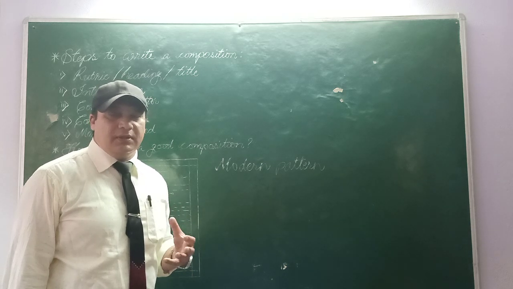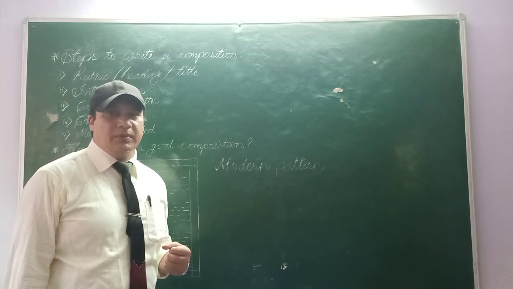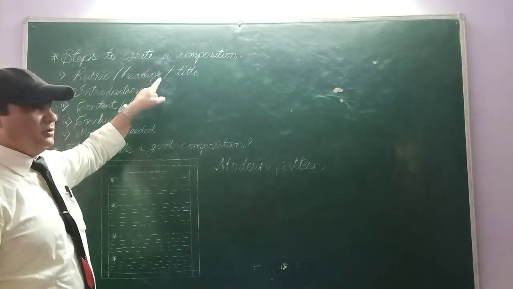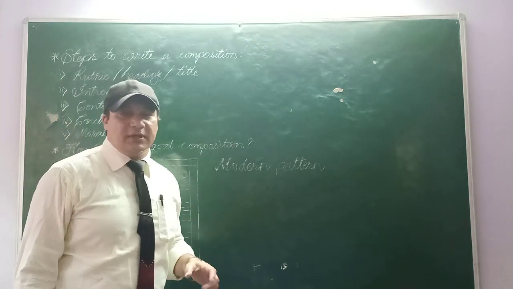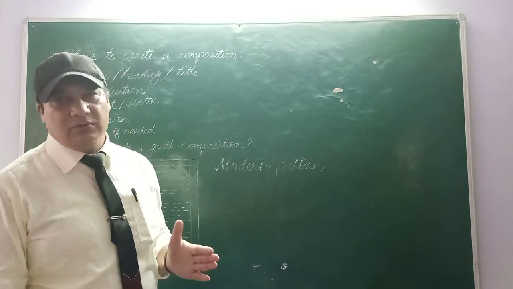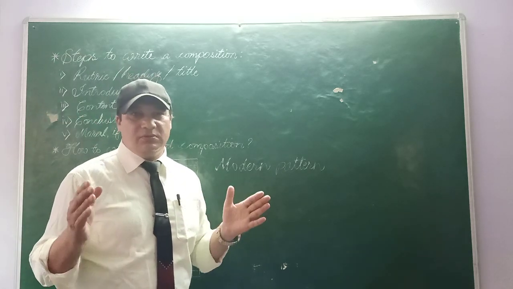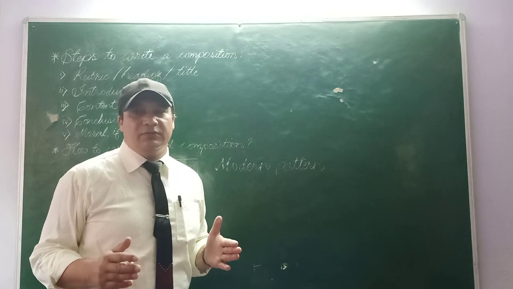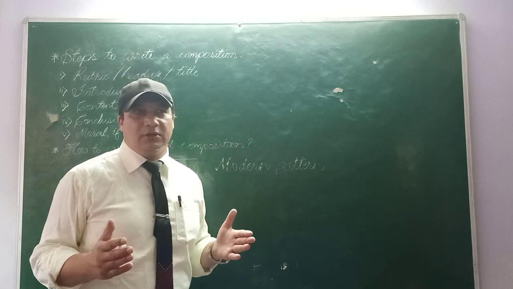That topic we write before we start writing a composition is called rubric, or heading, or title. So we must think of a good heading to write a composition. Without a heading, it becomes very difficult for us to write a composition.